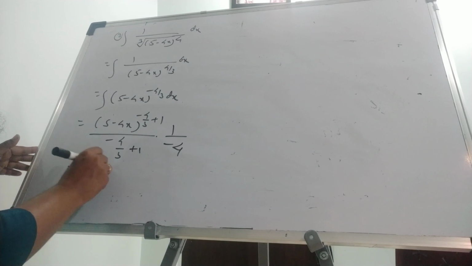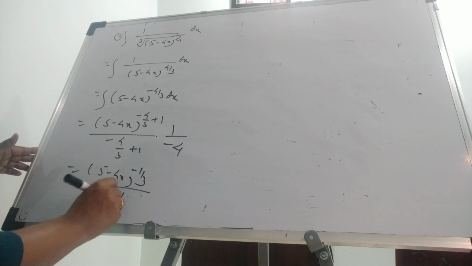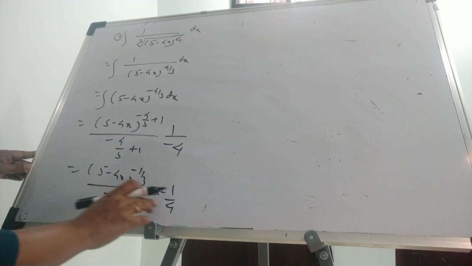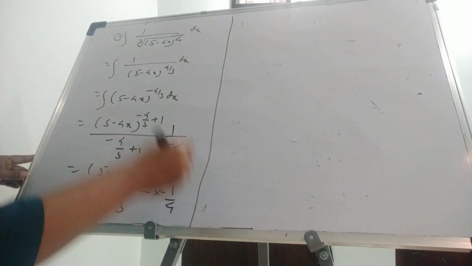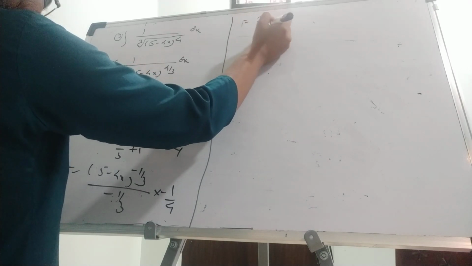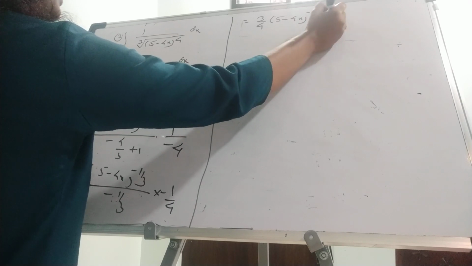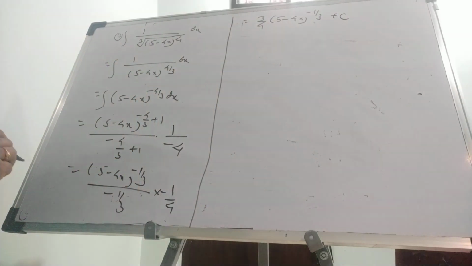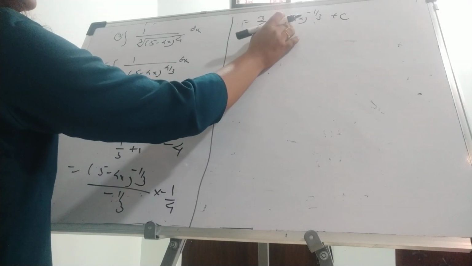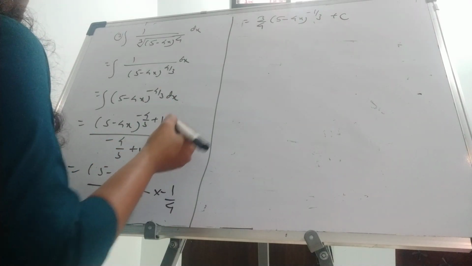If you solve it further, that is minus 4 plus 3, minus 1 by 3 upon minus 1 by 3 into minus 1 upon 4. Minus minus, it is plus. So finally 3 will be in the numerator. 3 by 4 times 5 minus 4x raised to minus 1 by 3 plus some constant value c. You may consider this index to be positive, so you can take this whole term in the denominator also. In this way also you solve it.